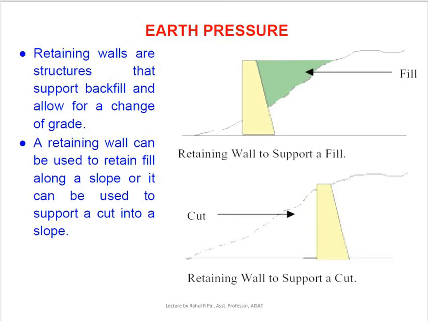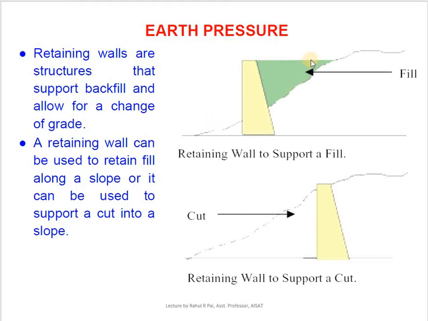So there are different types of retaining walls, and let us discuss the types of retaining walls. Before that I will just define what retaining walls are. They are structures that support backfill and allow a change of grade, that is, a slope change is also possible.